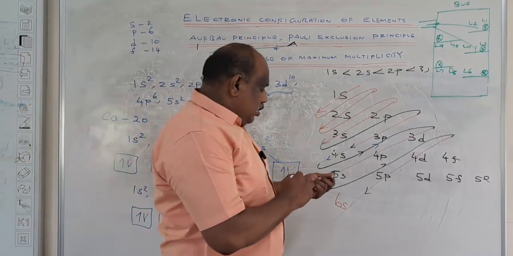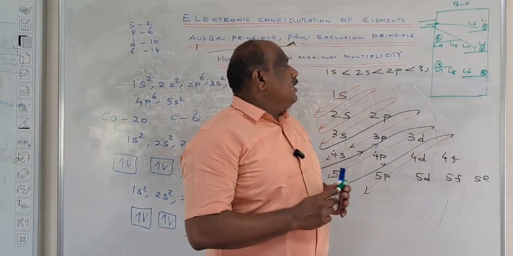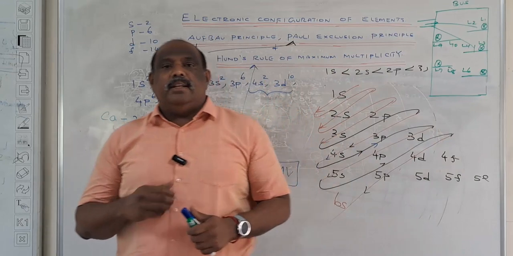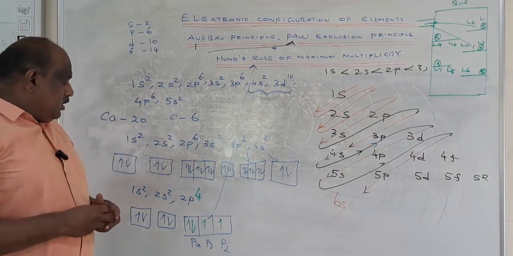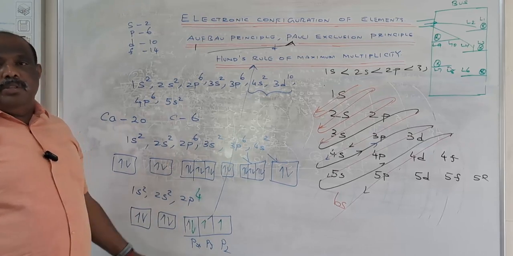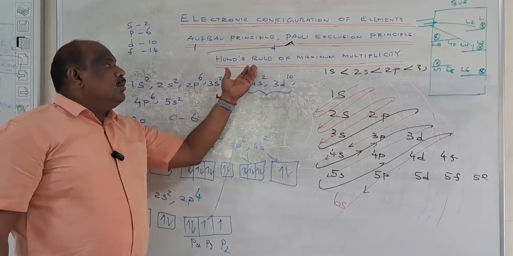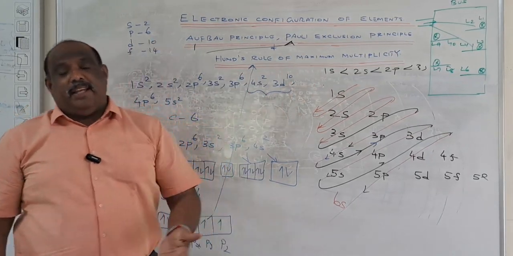This example was told to me by my professor Dr. Lakshman some 20 years back. But still, we are able to recall and understand the concepts. So this is nothing but your Hund's rule of maximum multiplicity.